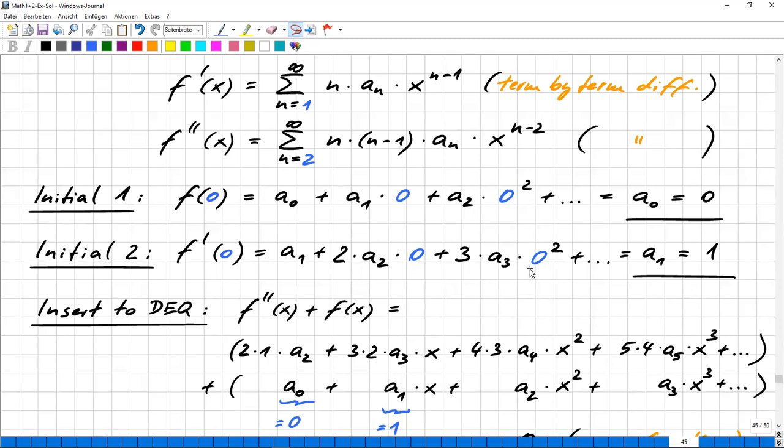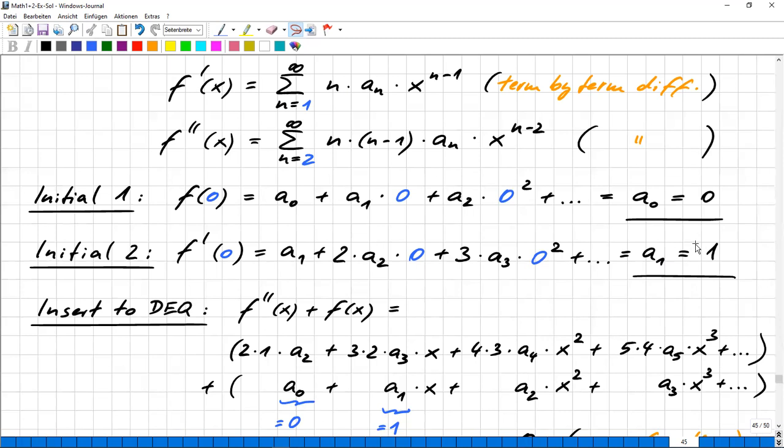All these terms disappear except for the constant, but it's the original linear coefficient this time, which remains. But secondly, it's not to be set equal to 0. Instead, it has to be equal to 1. So that's all we can extract from these initial conditions. A0 must be 0 and A1 must be 1.